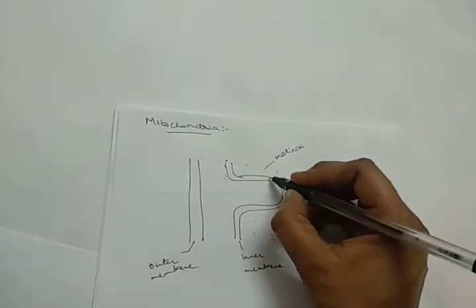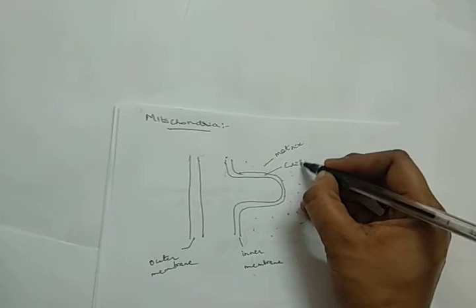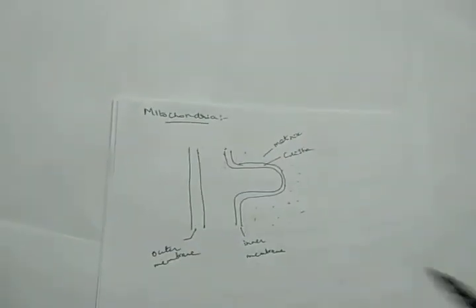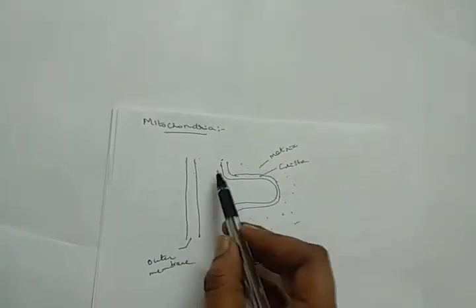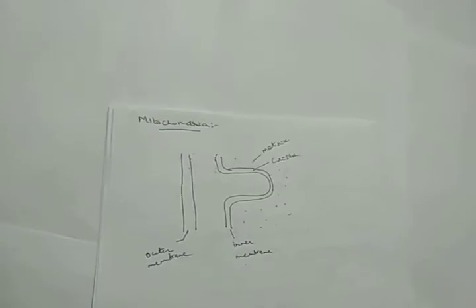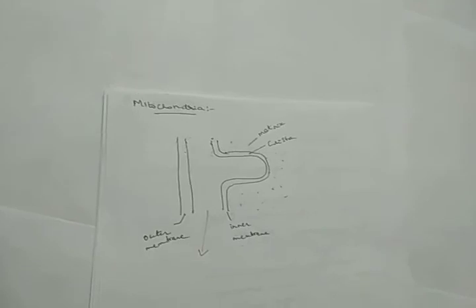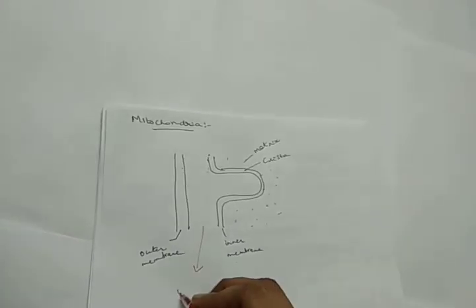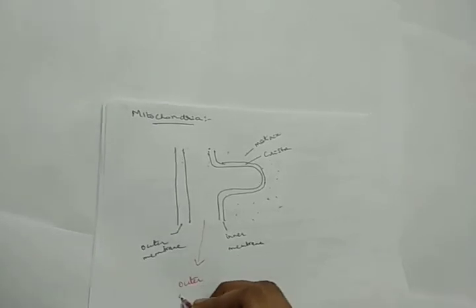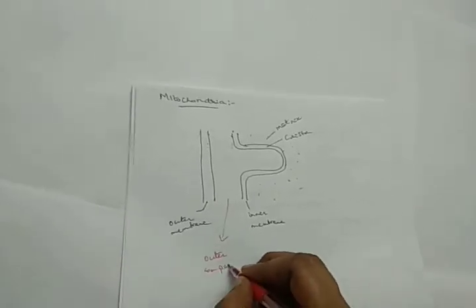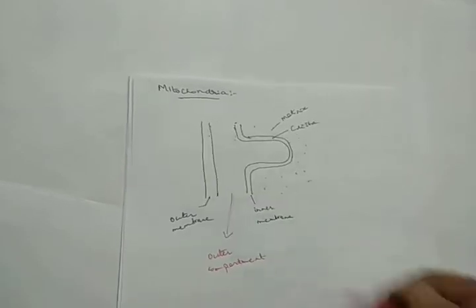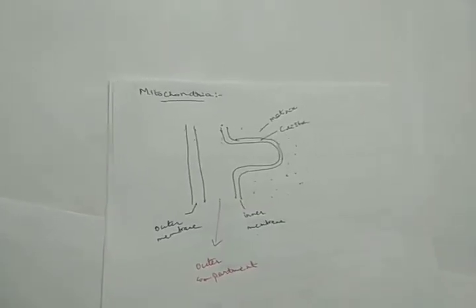And this you are going to call what? Crista, the inner folding. In between the outer membrane and the inner membrane, we have the mitochondrial space, which you are going to call the outer compartment.